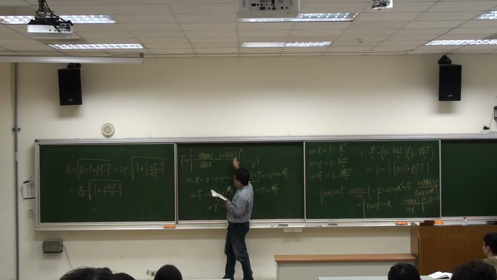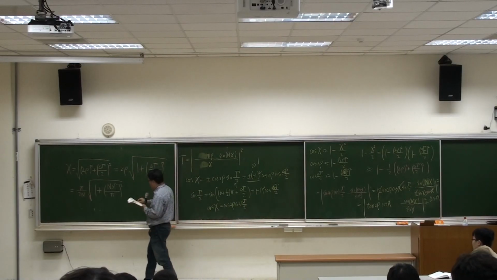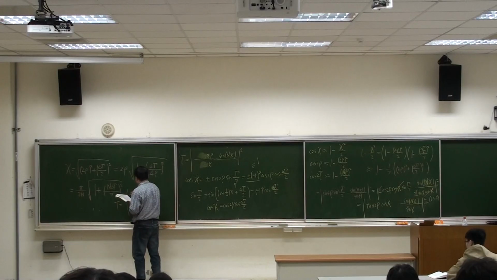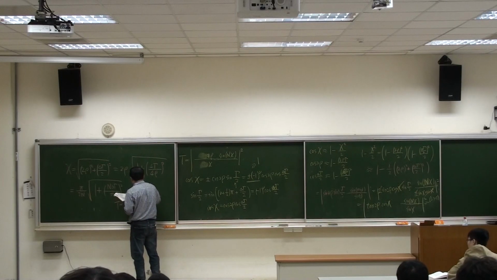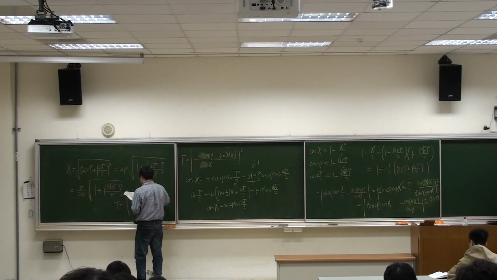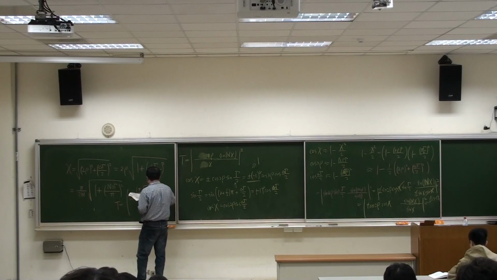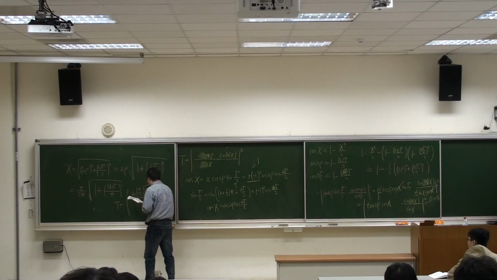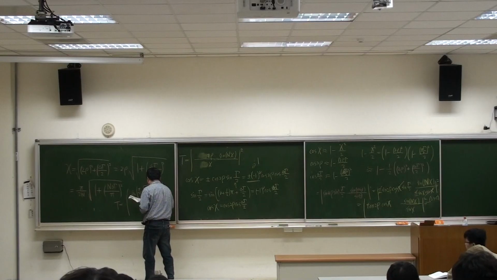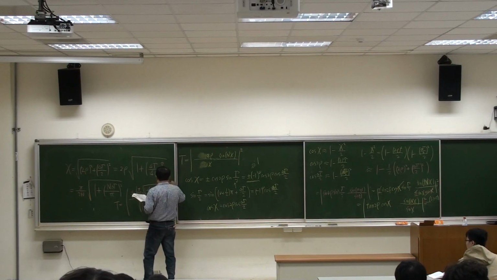Okay, and this finally gives us T equal to this: sine of half pi times the square root of 1 plus n delta gamma over pi squared, over n delta gamma over pi squared, this square.